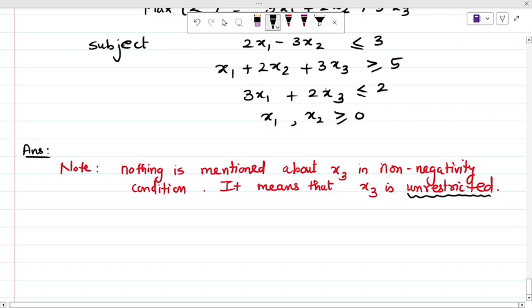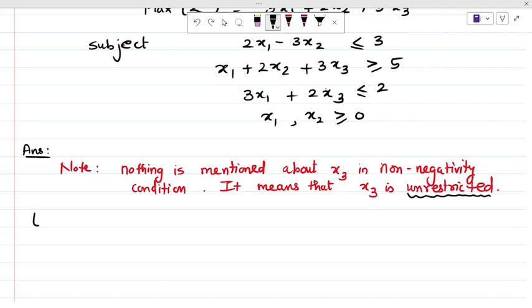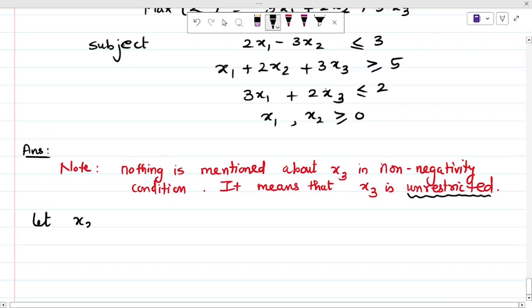So now let us maximize this. First we understand the condition and then we go for writing maximization, because now there are slack variables going to be there, but we have extra variables going to come into the picture. So we first write, let x3 get replaced.